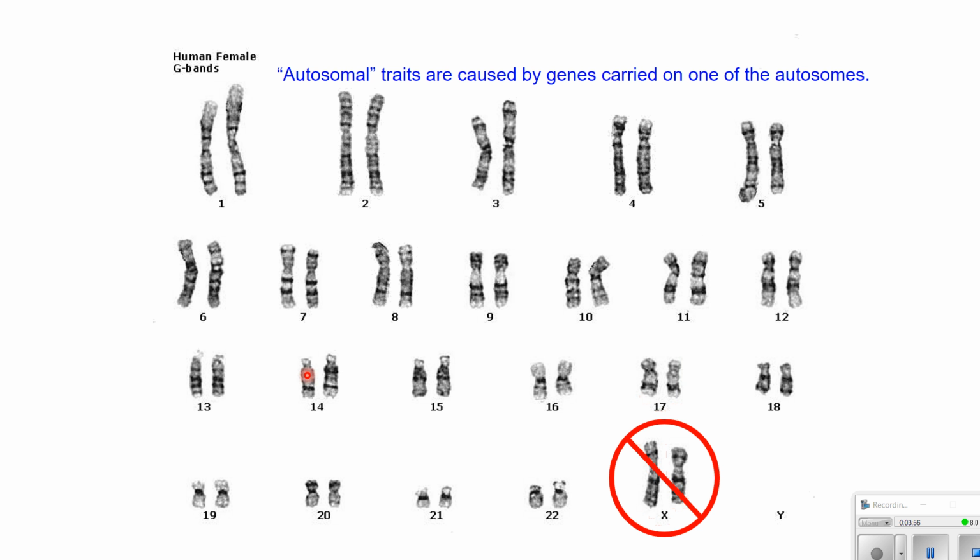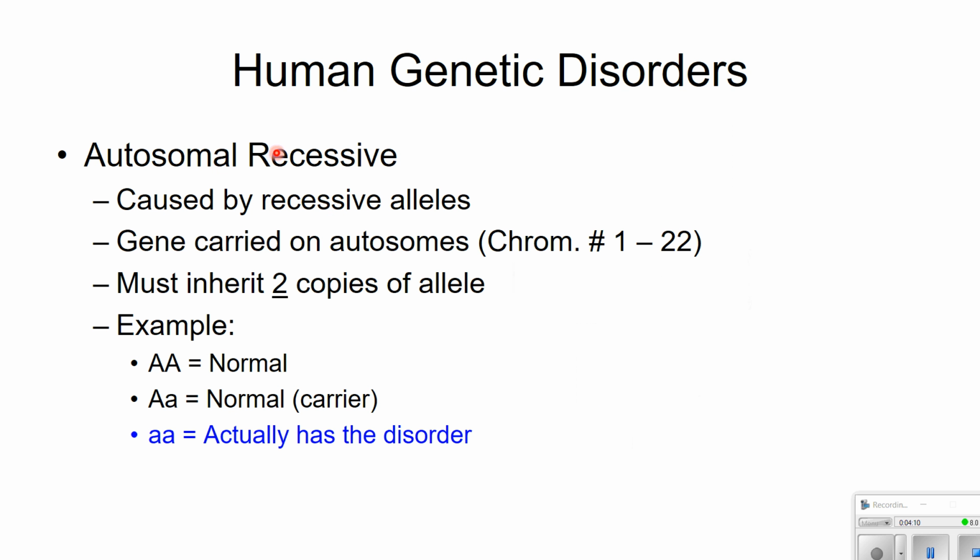Typically, you'll be able to figure out which chromosome it is. But if it's autosomal, it's going to be one of these first 22 pairs of chromosomes, and it is not carried on the X. So again, autosomal recessive: the gene is carried on one of the first 22 pairs of chromosomes, and you must inherit 2 copies in order to actually show the trait.